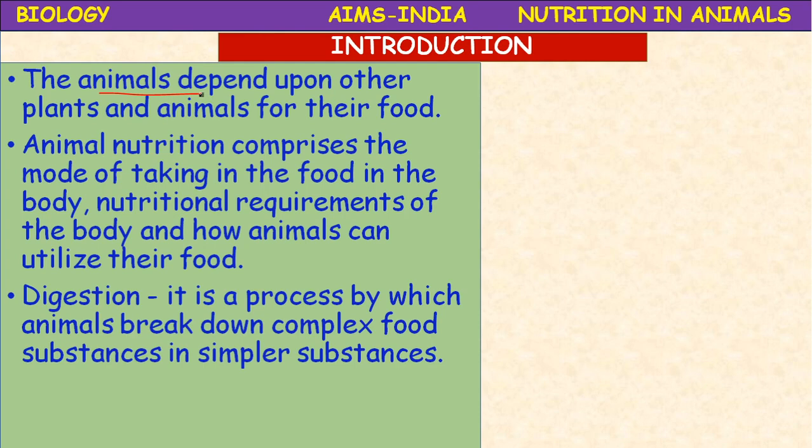So, digestion. What is digestion? Digestion is a complex process by which animals break down complex food substances into simpler, absorbable substances.